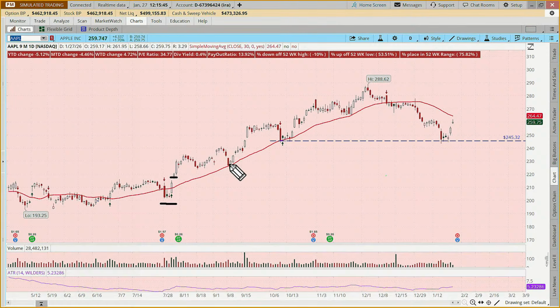And then when it came down and kissed that 30-day moving average, we might have moved our stop up to here. Now, a stop is not a guarantee that you're going to get out at the price requested. And then if it closed below the 30-day moving average and we had this red arrow, we'd move it up again. And then when it came up here and kissed it, we might move it up again.